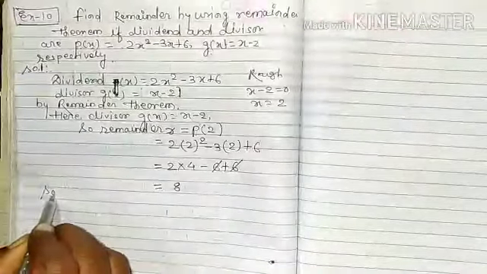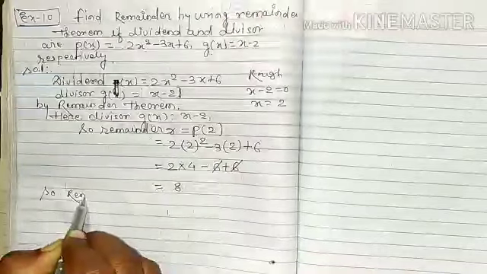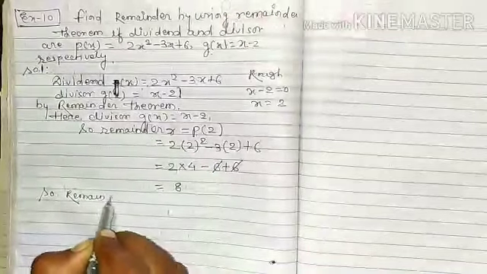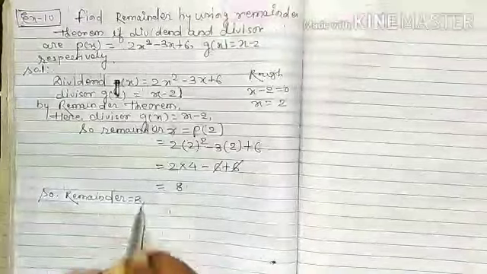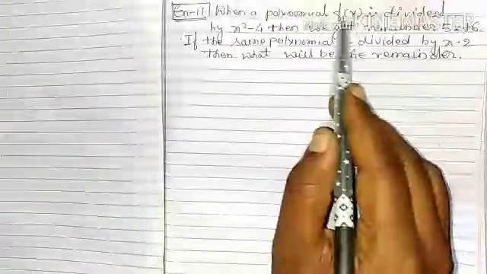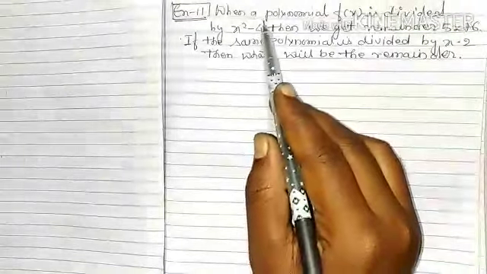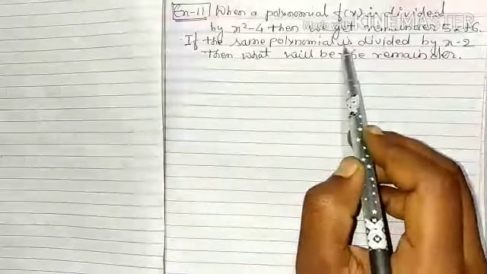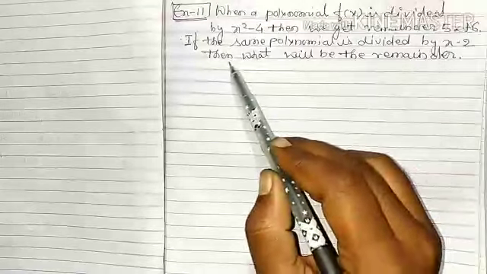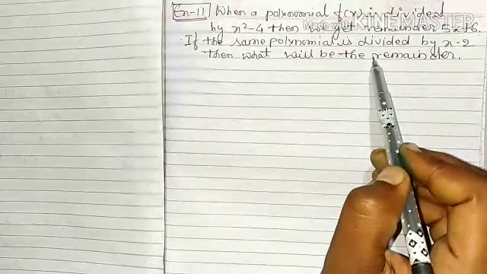So the remainder is 0. Next question: when a polynomial f(x) is divided by x square minus 4, we get remainder 5x plus 6. If the same polynomial is divided by x minus 2, then what will be the remainder?